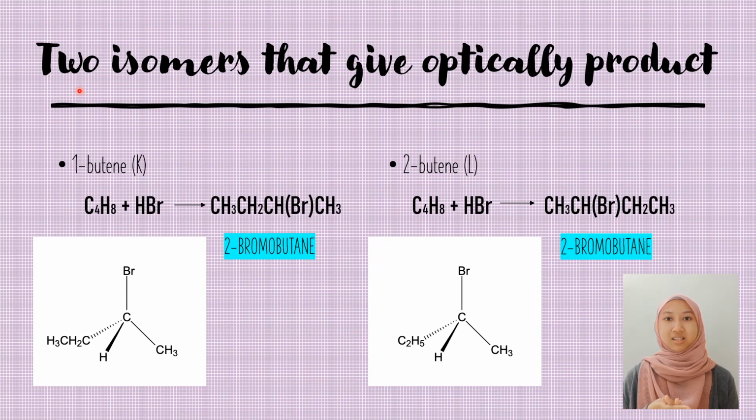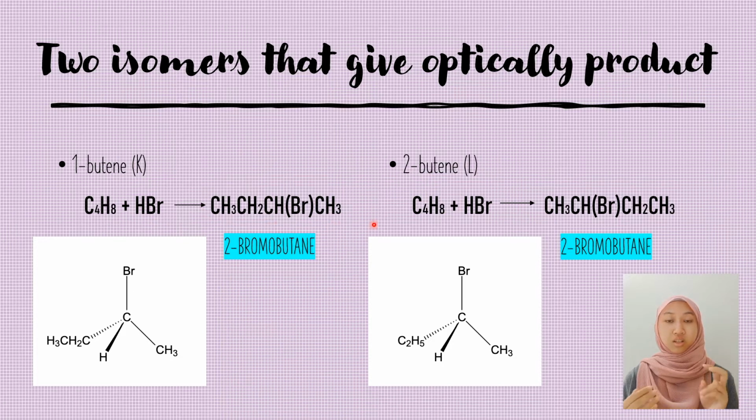Next, the question asks us to identify two isomers that give an optically active product. So here are our answers. First is K, 1-butene, and L, 2-butene. As you can see from the reactions, when 1-butene reacts with hydrogen bromide, it produces 2-bromobutane.